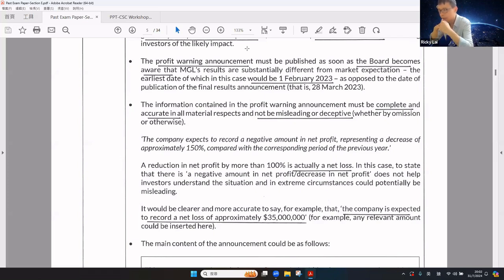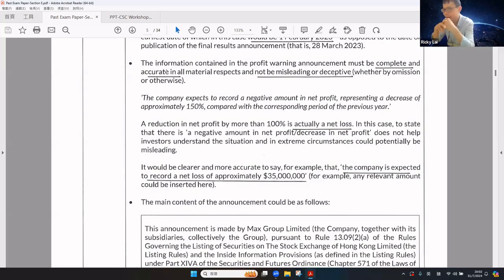The company expects to record a negative amount in net profit, representing a decrease of 150% compared with the corresponding period of the last year. Interestingly, a reduction in net profit by more than 100% is actually a net loss.